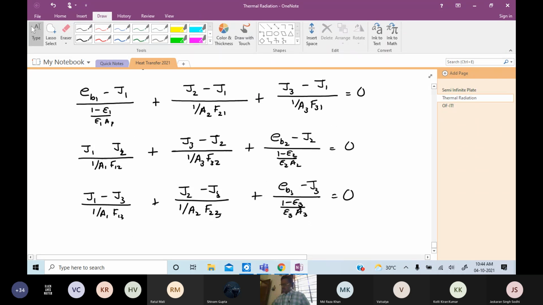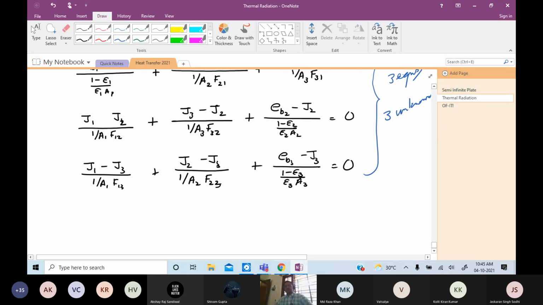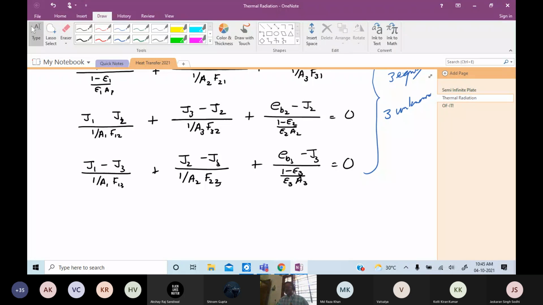So look at this. 3 equations and 3 unknowns. So definitely we can solve it. So this is how we do it, and up to 3 we can do algebraically. 3 simultaneous equations with 3 unknowns, we can solve algebraically.